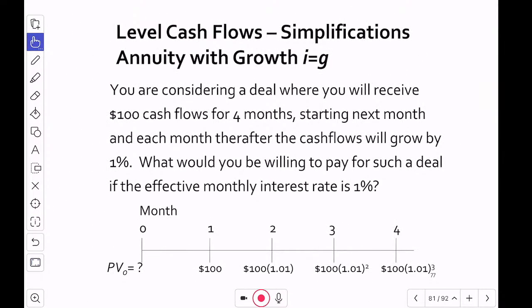You're considering a deal where you will receive $100 cash flow for 4 months, starting next month, and each month thereafter the cash flows will grow by 1%.